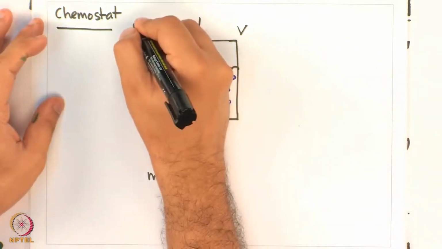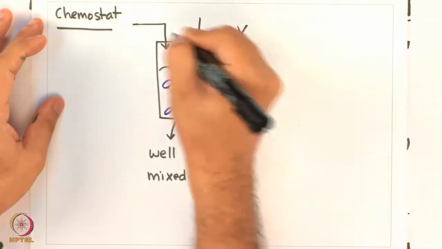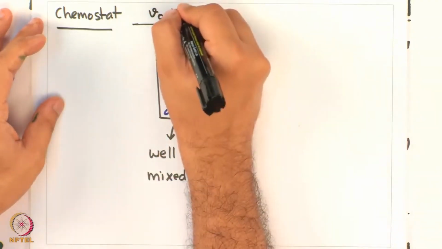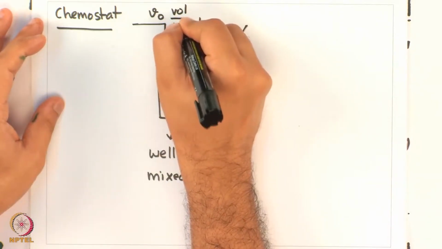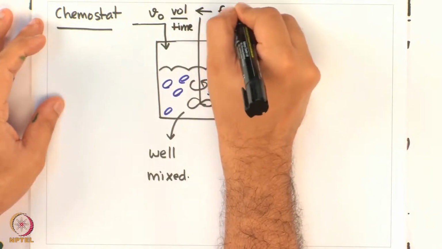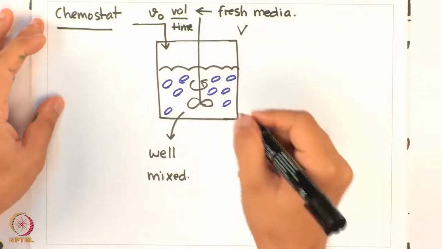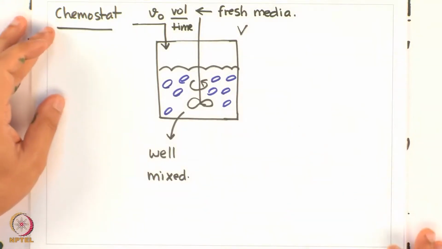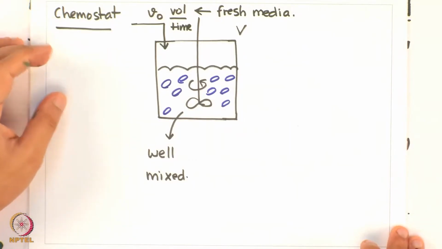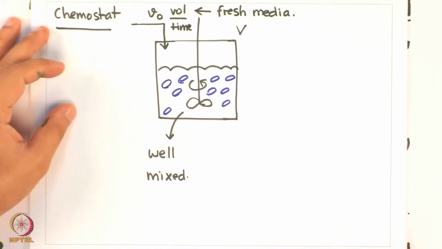But what alleviates that problem is that you have an incoming stream to this reactor at the rate V naught volume per time, which is carrying fresh media. So, this is the media in which you desire to do your experiment, and you have this stream carrying these nutrients continuously at rate V naught.